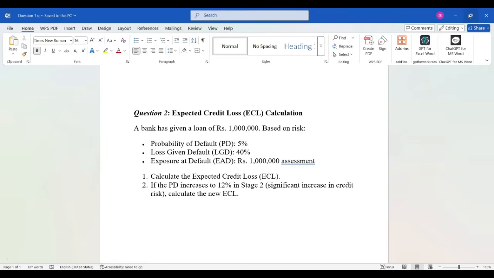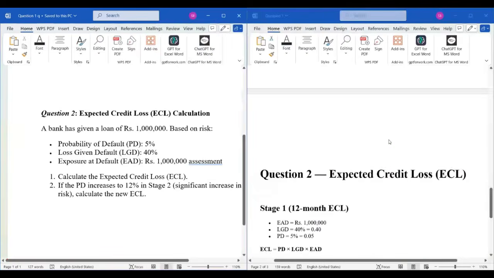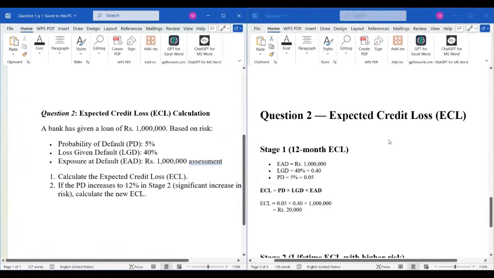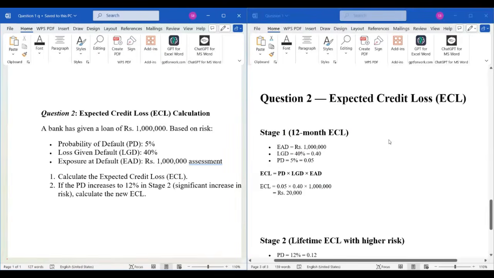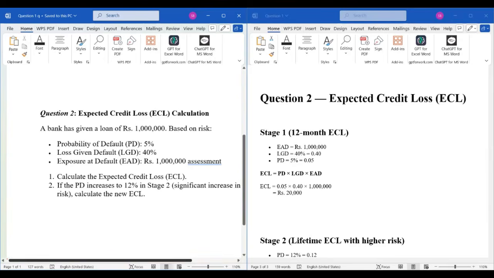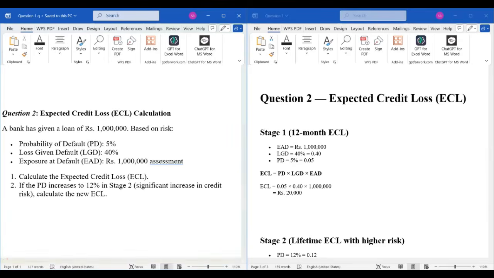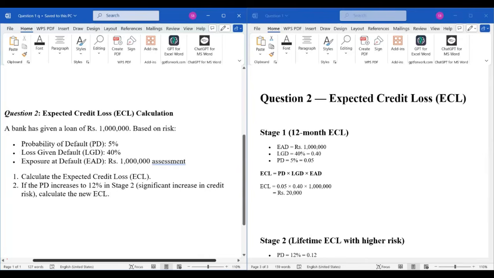So let's go for the answer. This is a 12-month ECL model. The first question is to calculate the expected credit loss. Here we are given all the requirements.